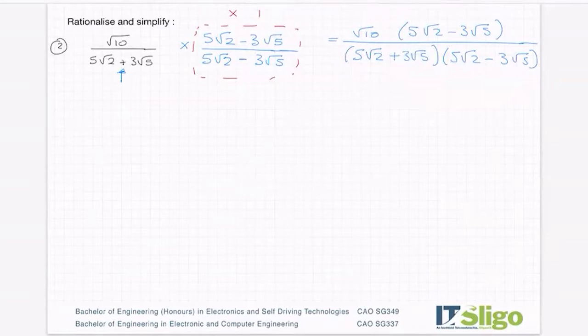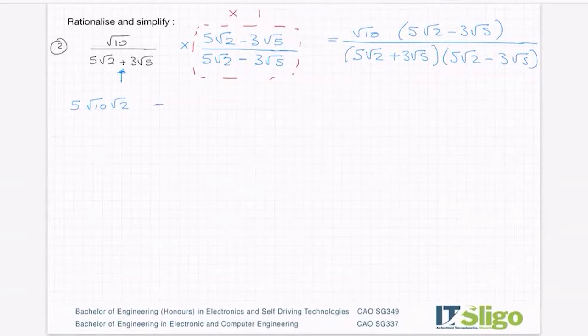So that's going to give me root 10 by 5 root 2. The whole number 5 stays as 5, and then I have root 10 by root 2. I'm just going to write it out long for now, and then I'll come back and simplify it.